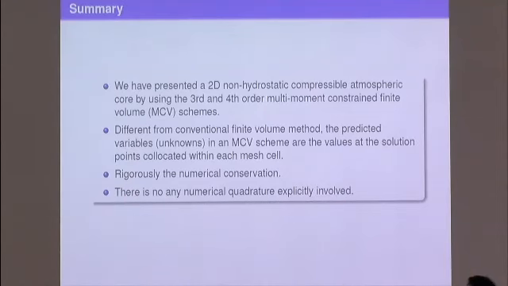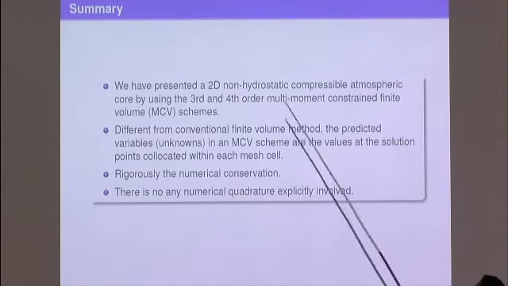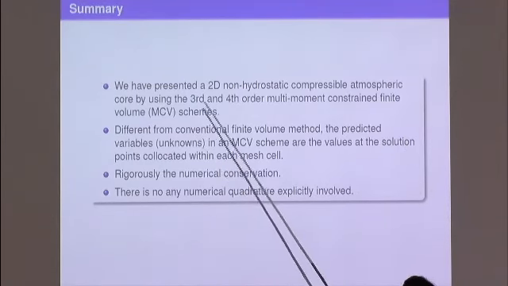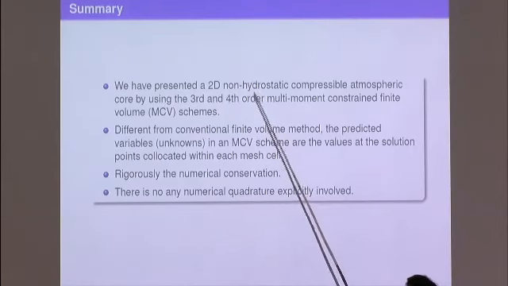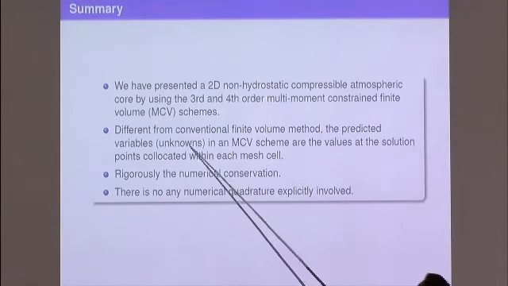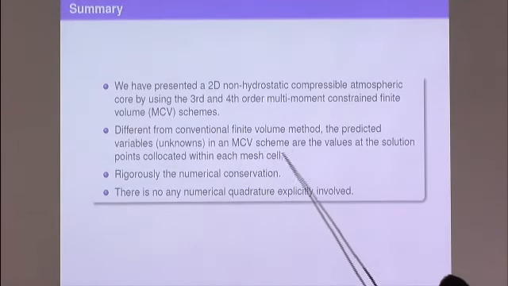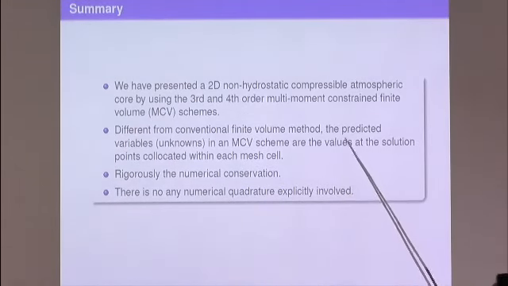Yes, summary. Here we present a two-dimensional compressible atmospheric dynamical core using third and fourth order multi-moment constraint finite volume method. In fact, our method is different from the conventional finite volume because our predicted variables, the unknowns in our system, are co-located within each cell. It is just a point value.